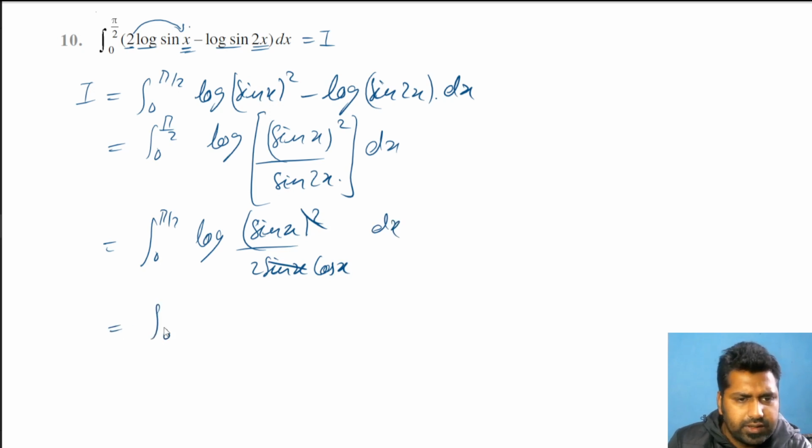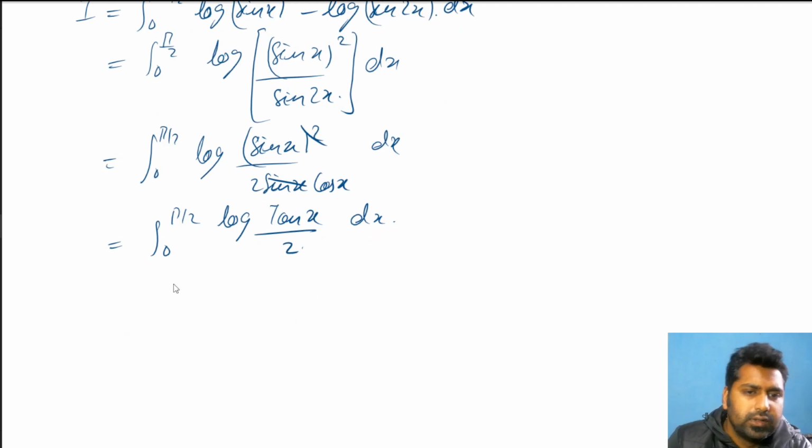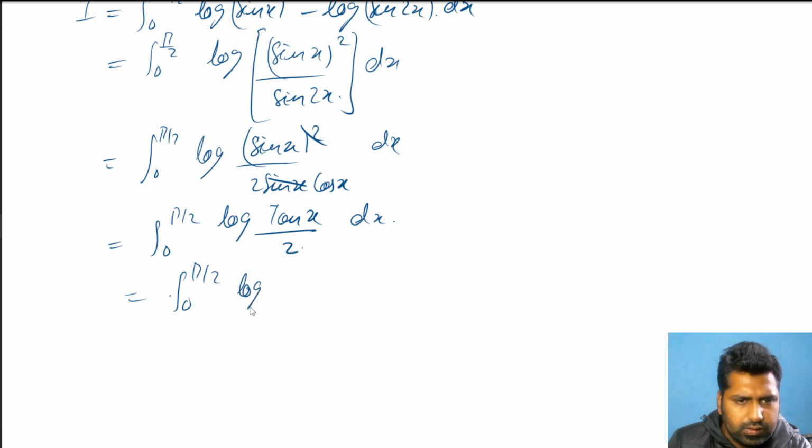So this becomes integration 0 to pi by 2. If you look at that, sine by cos we can write as tan. So log tan x upon 2. Remember, tan x upon 2, not tan x by 2. This is the difference. So again I can write 0 to pi by 2, this is log tan x, so log tan x minus log 2.